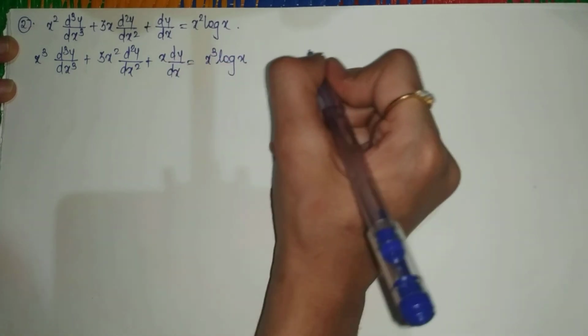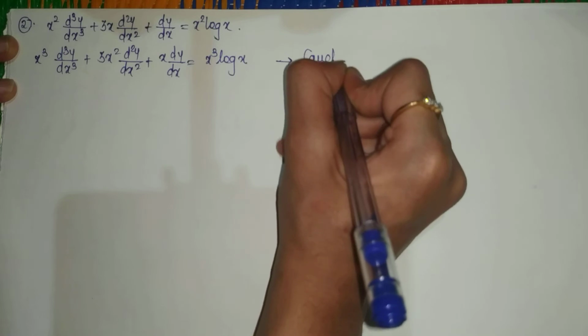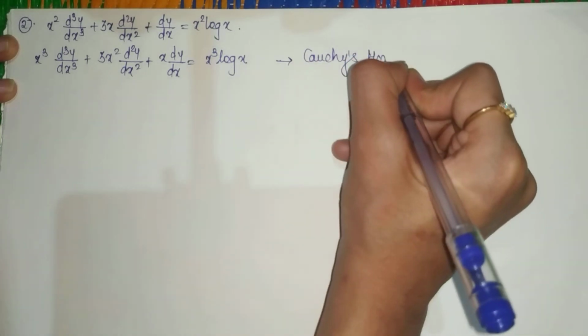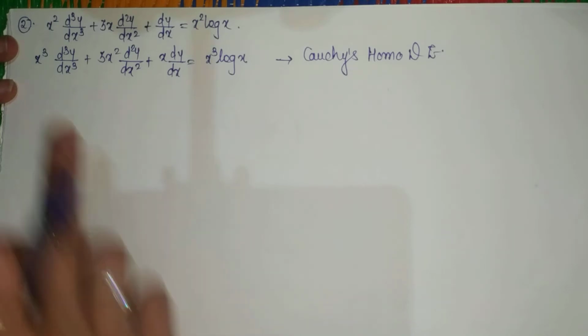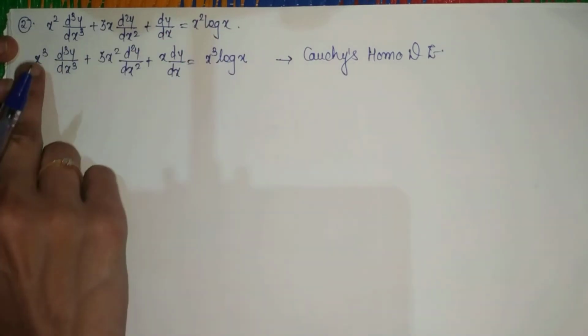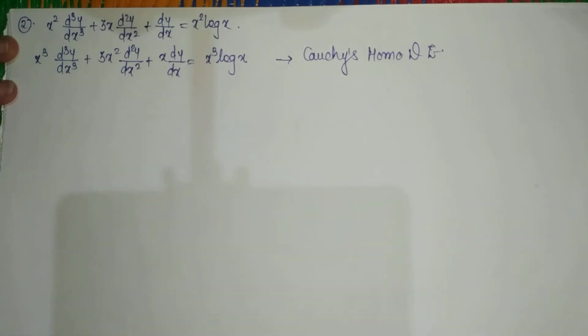Okay, so now this is the Cauchy's homogeneous differential equation. See, this was not in the proper form, right? But after multiplying, this becomes the Cauchy's homogeneous linear differential equation.